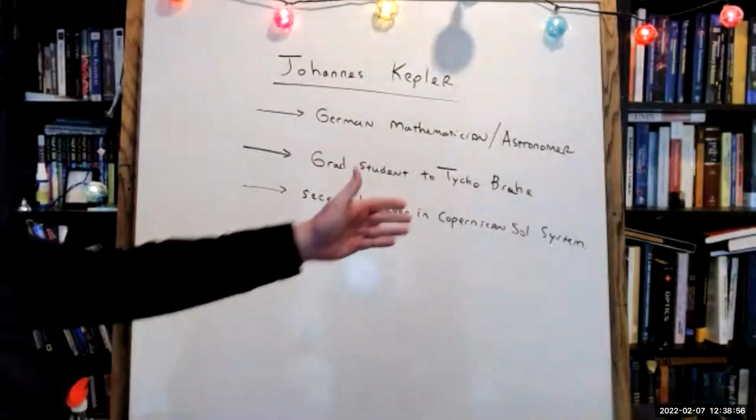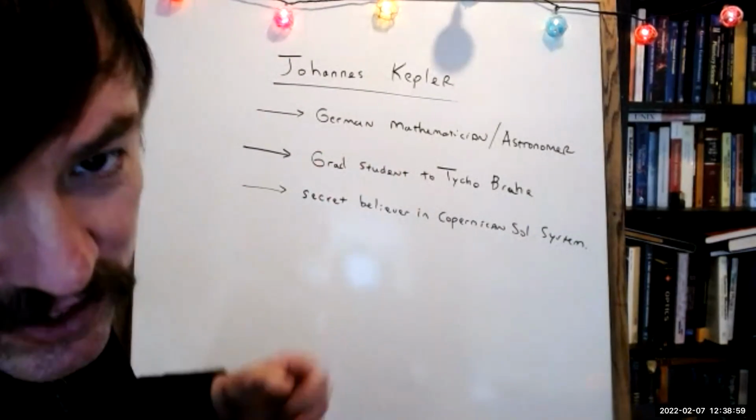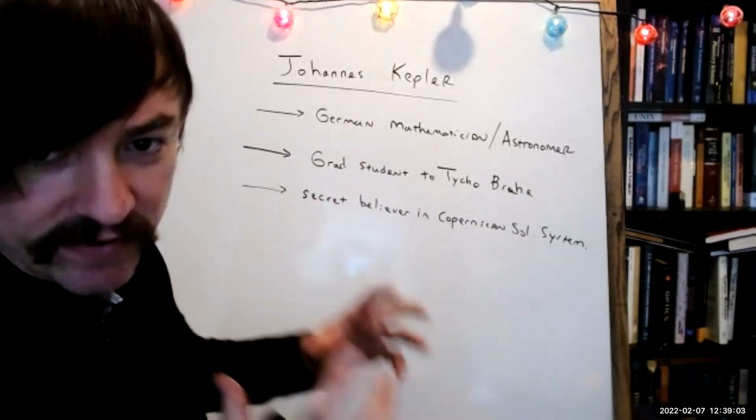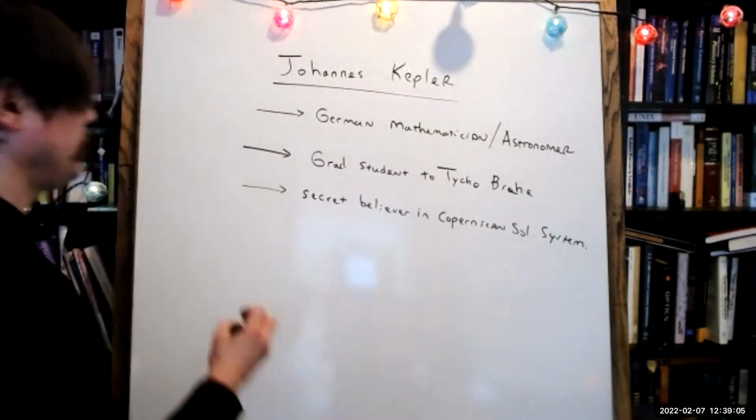Because he had helped Tycho Brahe take observational data for the position of Mars, he knew that Tycho Brahe had the very best astronomical data.